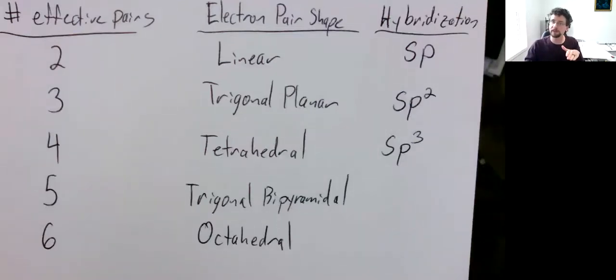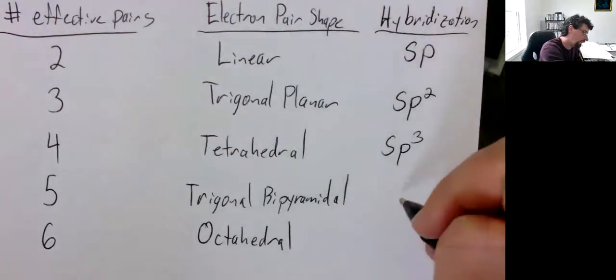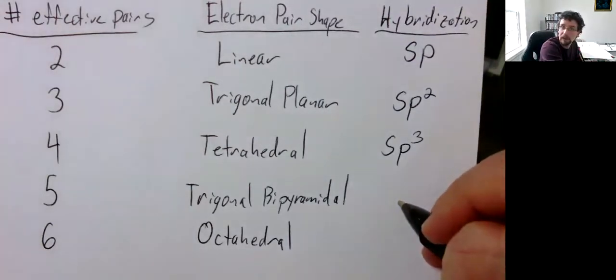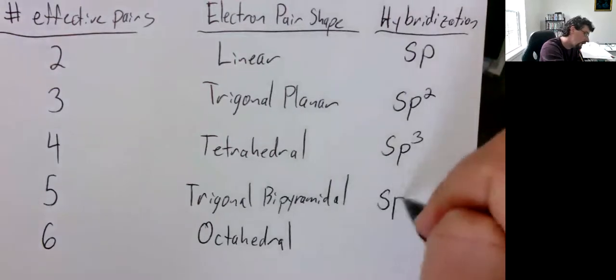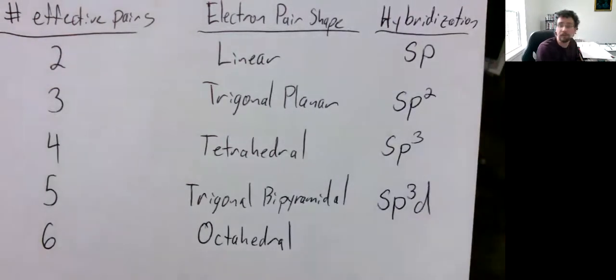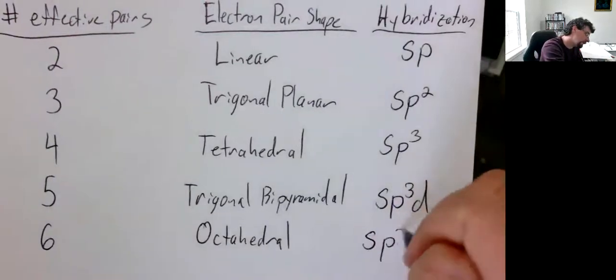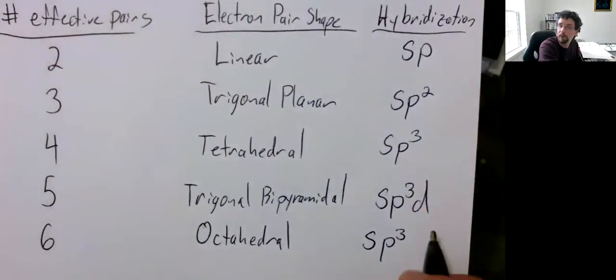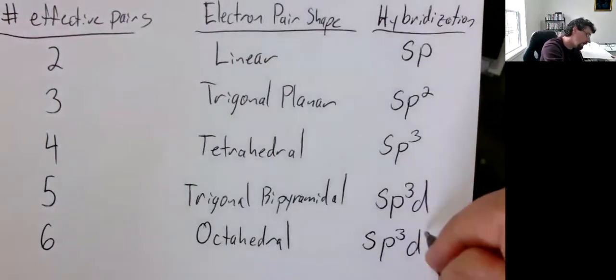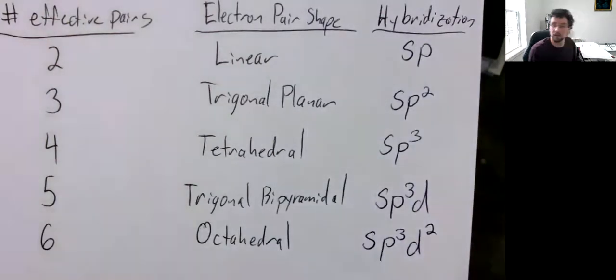The next lowest in energy orbital would be a d orbital. Therefore, for 5 effective pairs, or a trigonal bipyramidal electron pair shape, it would be sp3d. Then if we go to octahedral, you can guess, we're going to increase the number of our orbitals by 1, sp3d2.